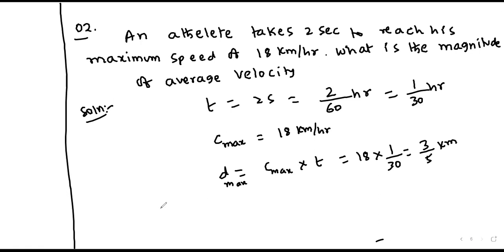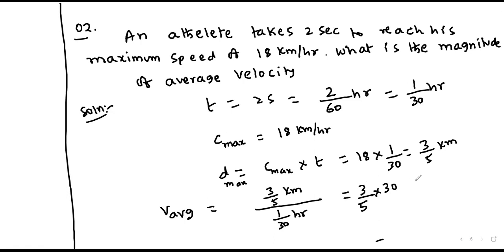So average velocity is maximum distance, that is 3 by 5 kilometer by time 1 by 30 hour. That is 3 by 5 into 30 kilometers per hour, that is around 18 kilometers per hour.